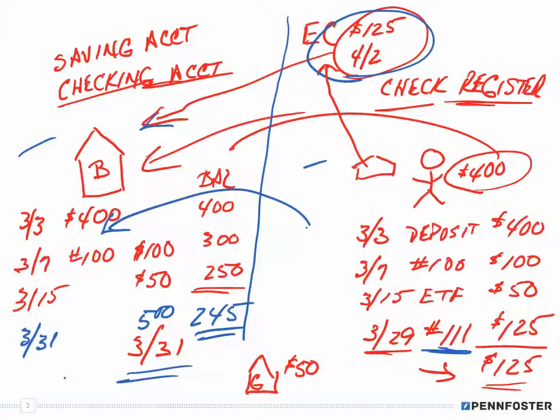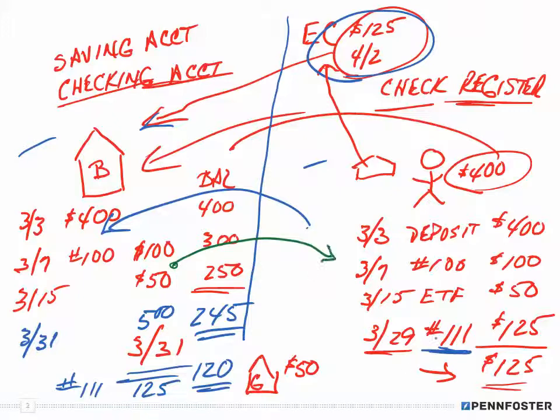So we're going to have to write in that check number 111 for $125, okay? And that means we're saying that the balance in that account should be $120, okay? And conversely, we need to take whatever is on the bank statement that is not in our check register and put it in our check register.